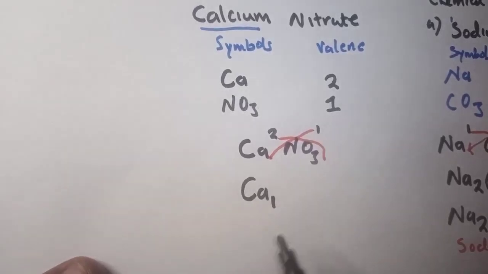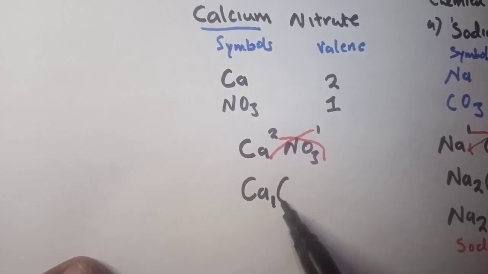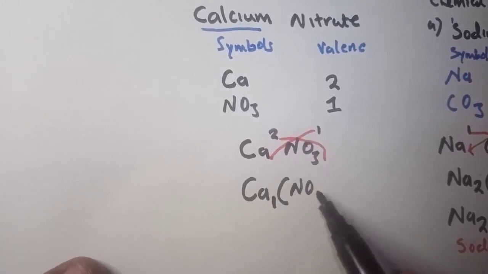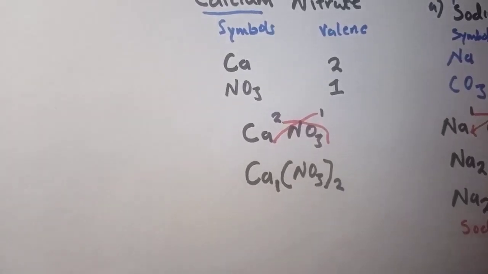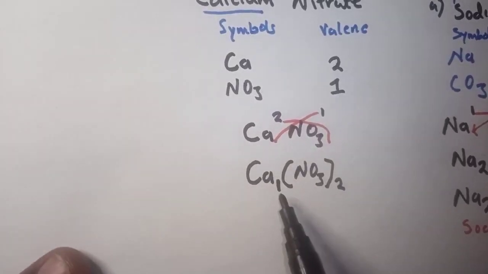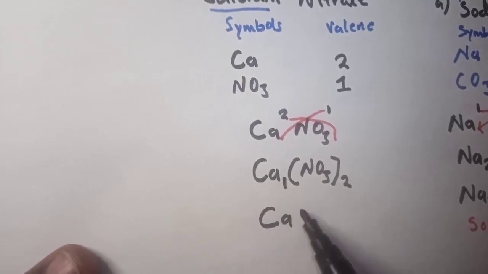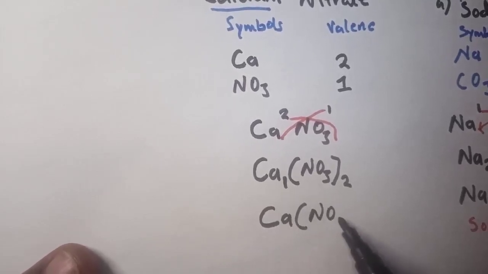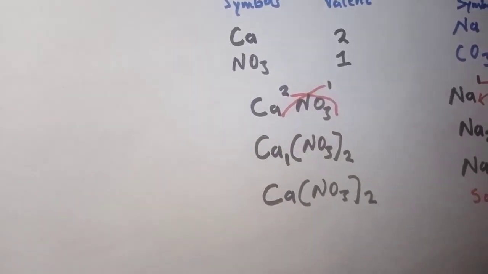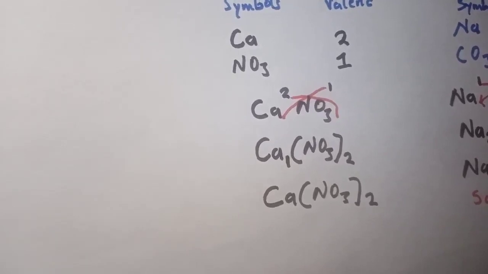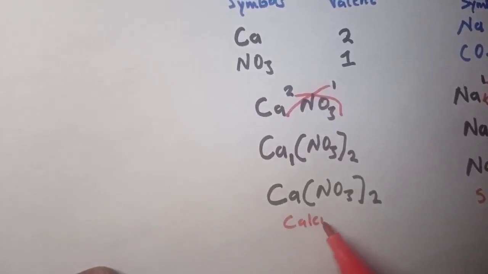Now look at here, because you have a number already here, open the brackets, NO3, then you put the 2 out. 1, we don't write, so it's just going to be like this. My dear friends, this is how you write calcium nitrate.